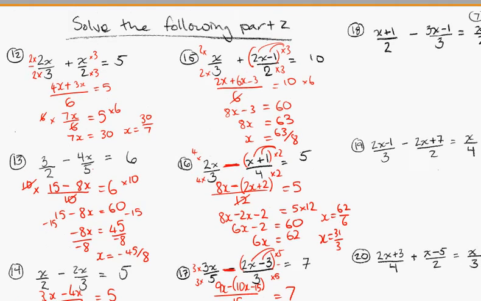Back up to number 18. Can't move that across. So you can have a look on your sheet if it's difficult to see. We'll put it over 6 using brackets. 3x plus 3 minus, we need to use brackets again, so that'll give me a 6x minus 2.